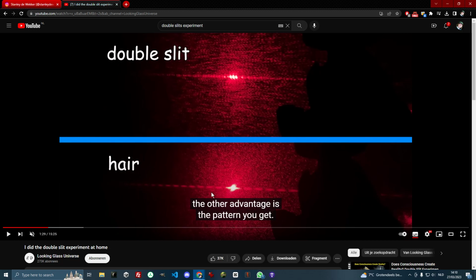She even does it with a hair, and also gets the same result. So you see that one hair, you would say that a hair would cut it into one part, but you can see that it's like a dotted line, so it repeats. So this is something really interesting going on here with light.